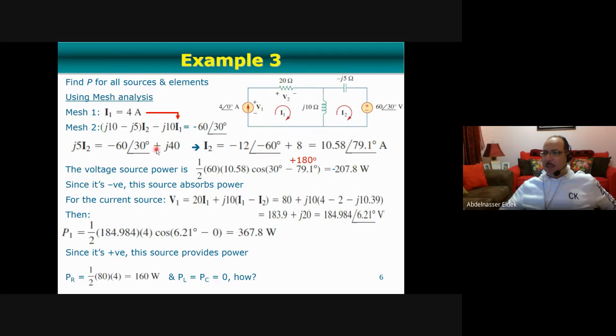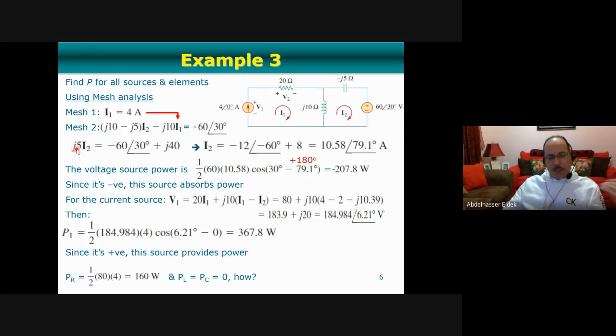Then you can simplify this by calculating. Of course, you divide by J5 to get I2. So you divide everything by J5. J5 is just 5 in amplitude. So you divide by 5 in amplitude. When you divide by 5, this will be 12, and this one will be 8.